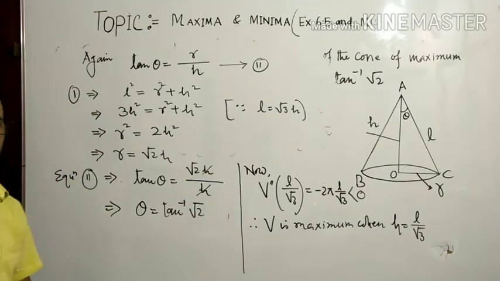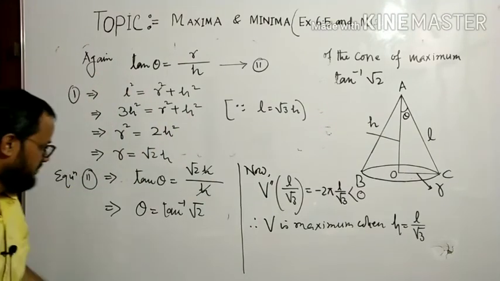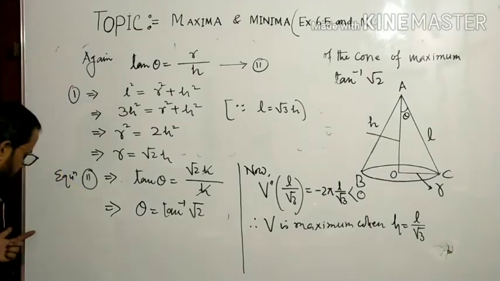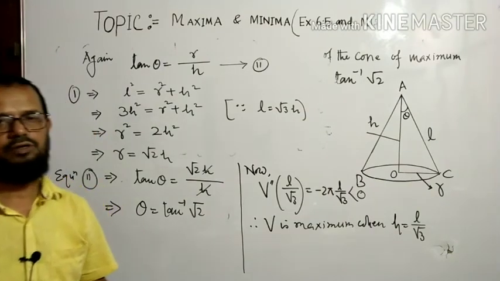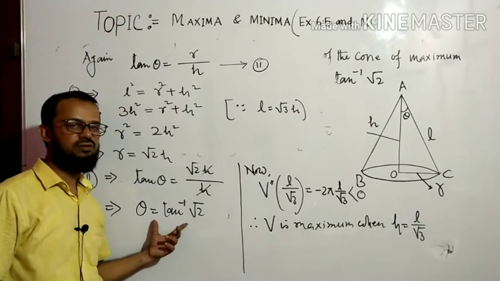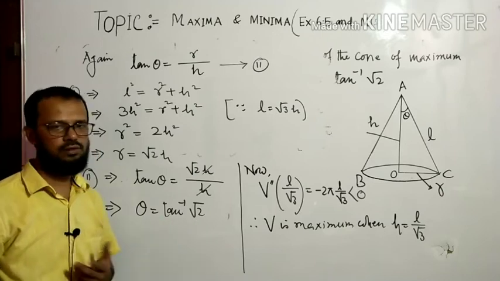Tan inverse root 2. Finally, what we get? When volume is maximum, semi-vertical angle is equal to what? The final statement you write, therefore volume of the cone is maximum when semi-vertical angle is equal to tan inverse root 2. So in this way you solve the problem.